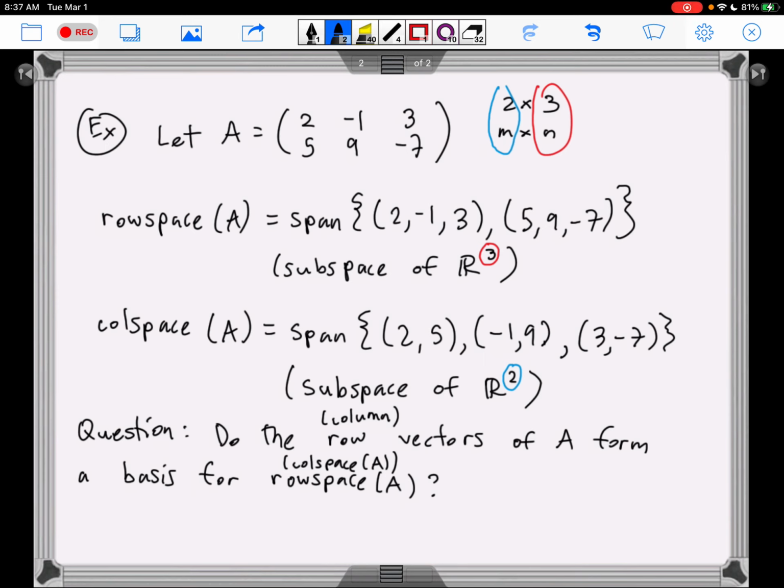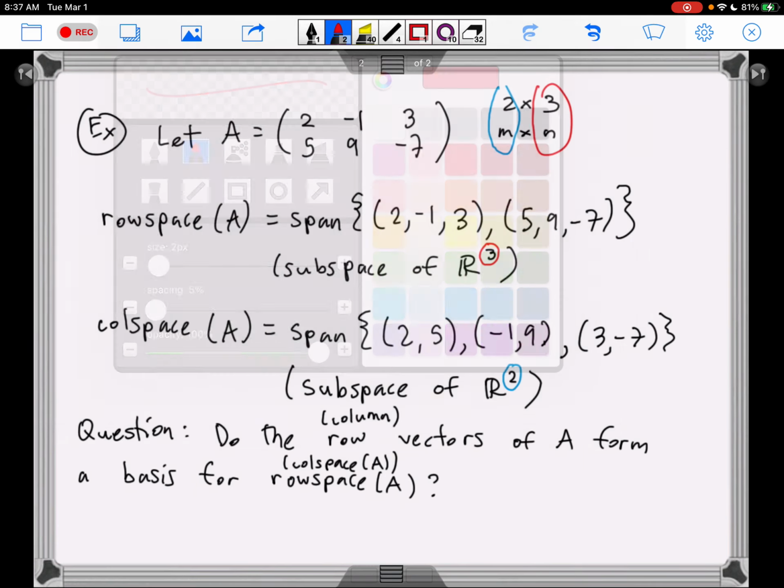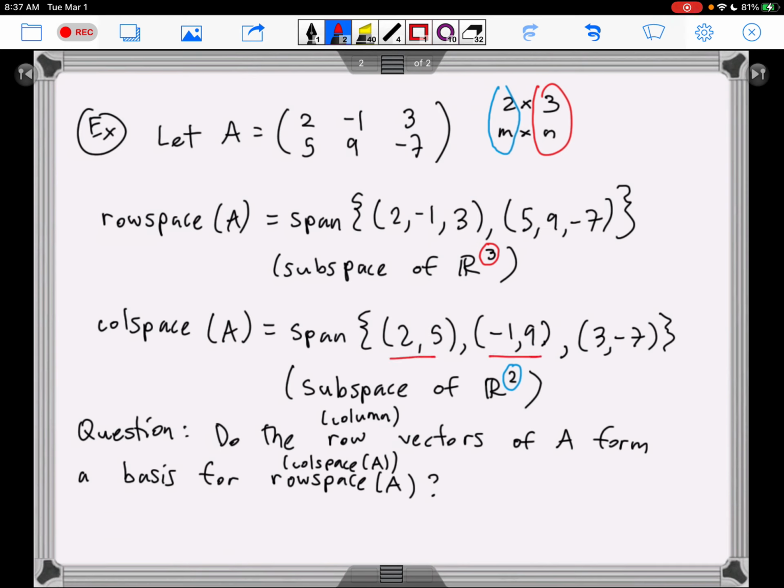So you should hopefully understand that this is not necessarily the case, right? I mean, look at this last example. We had the span of 3 vectors, but we know you only need 2 vectors to span R2. So there's no way that those 3 vectors could form a basis, right? R2 has dimension 2.